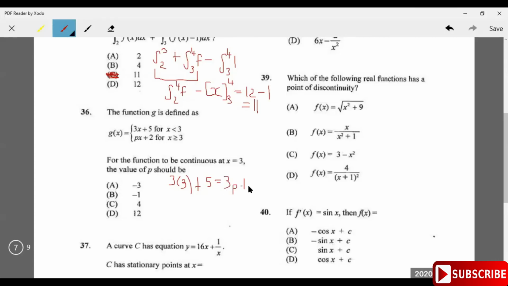And so we bring the 2 over here, we get 12 is equal to 3p. And so clearly p must be equal to 4. P must be 4. That's C. Easy.